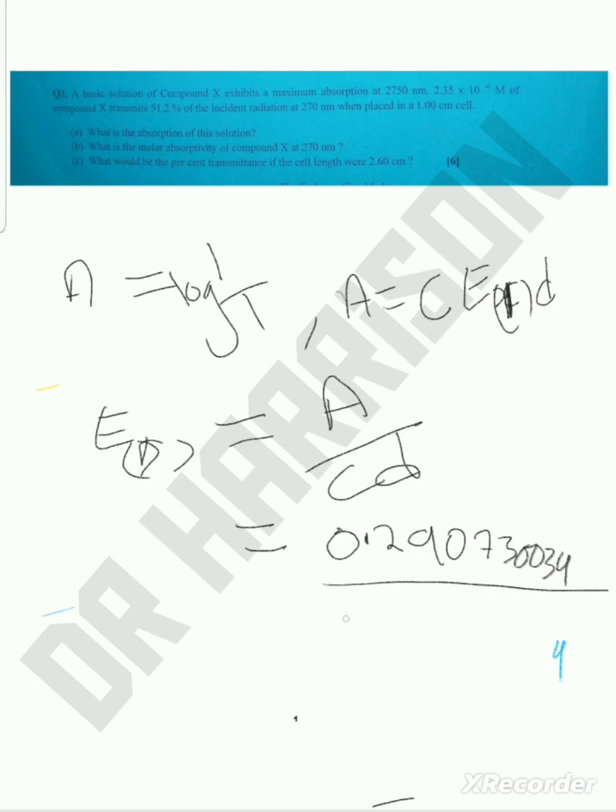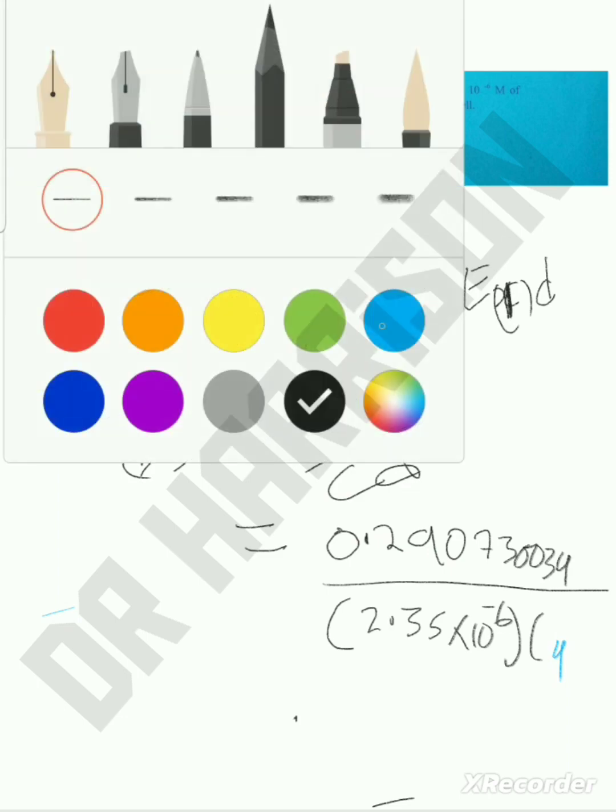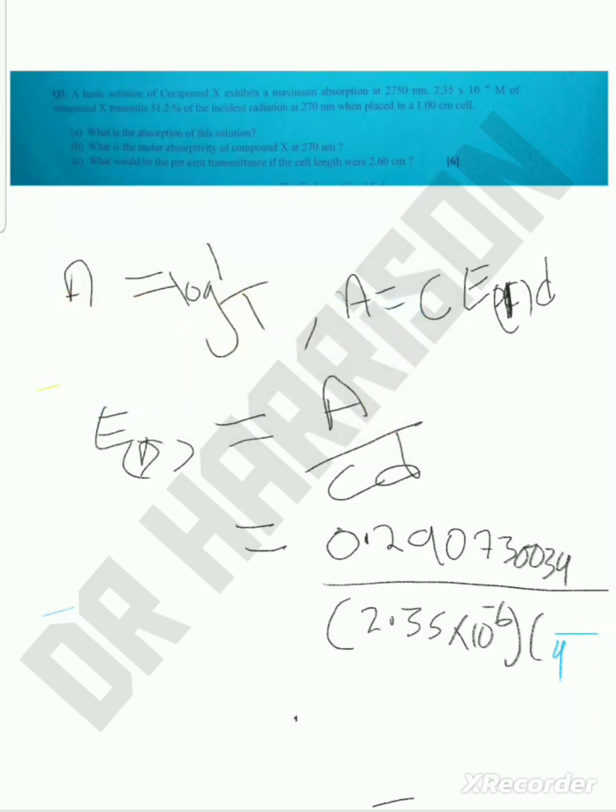Then we divide this by our concentration, which is 2.35 times 10 to the power negative 6 molar, multiplied by our diameter, which is 1.00 centimeters.